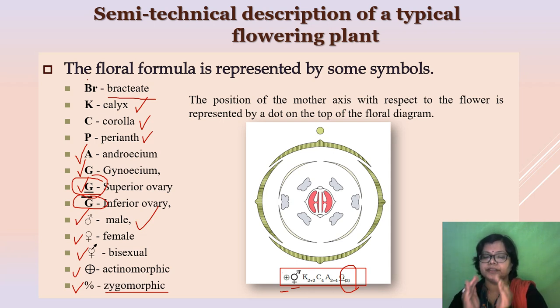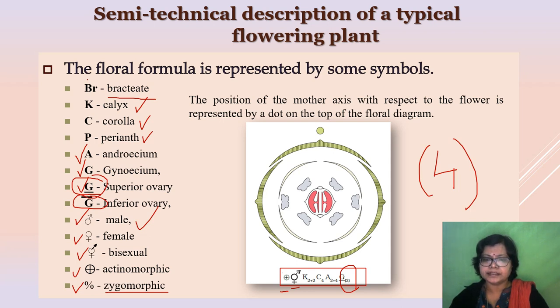That's why 2 is written within a bracket, right? So if all these petals are attached to each other, then we are supposed to write 4 within a bracket. That means the petals are fused together.